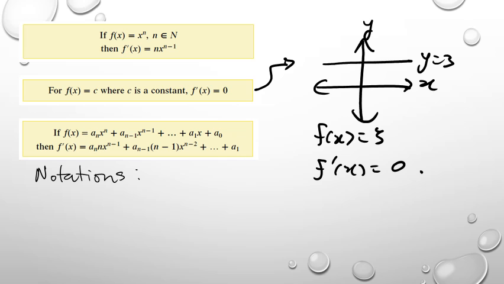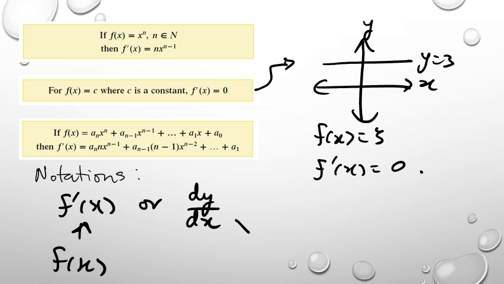Now, just a quick thing with notations. I mentioned before that you have f dash of x or dy dx as your notations. You use that if you started off with f of x. You use the other one if you started off with y equals blah blah blah. Okay? So when you differentiate it and you started off with f of x, you would use f dash of x. If you started off with y, then you would use dy dx.